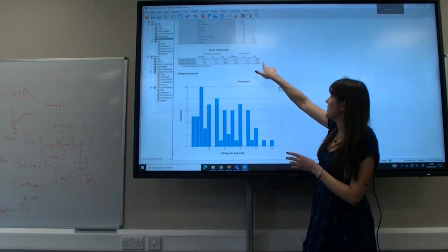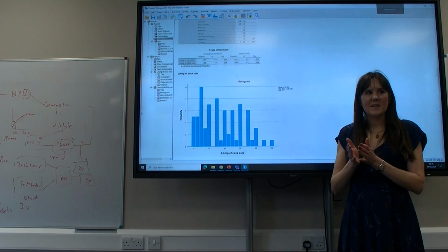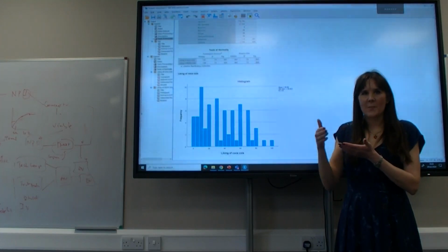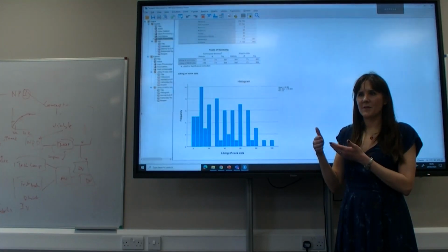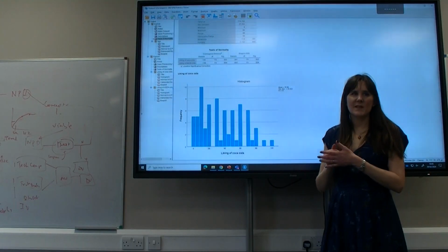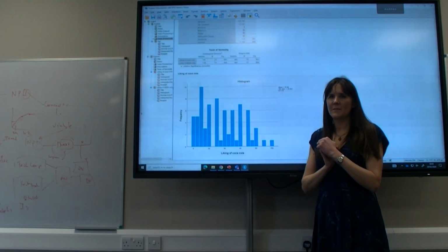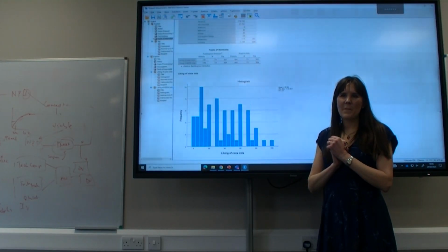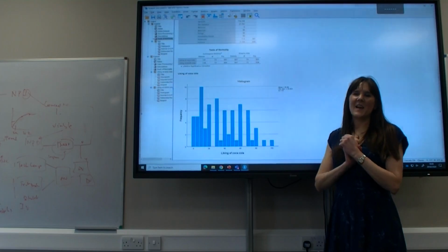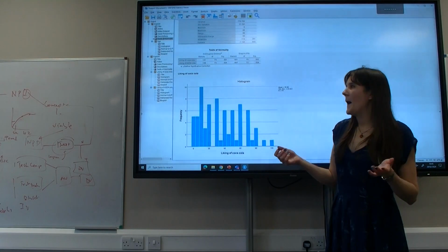Ours is 0.002, which means that if we multiply it by 100 to get a percentage, there's only a 0.2% chance that our data are normally distributed. So that means our hypothesis of normality is not correct. They're not normally distributed, basically.